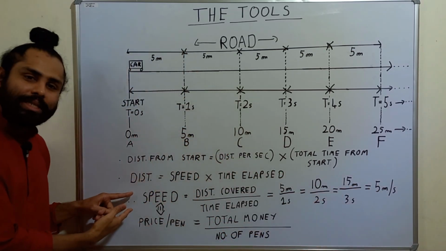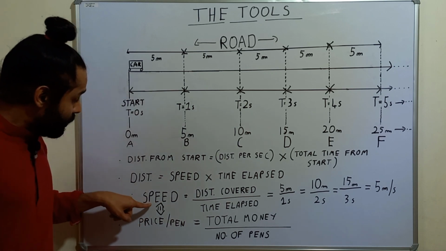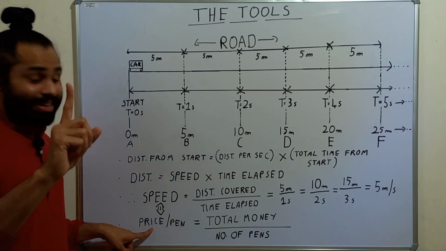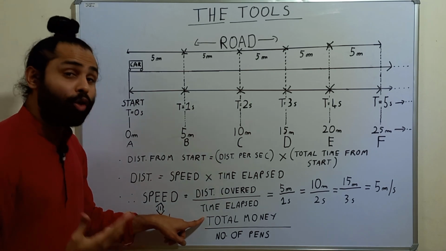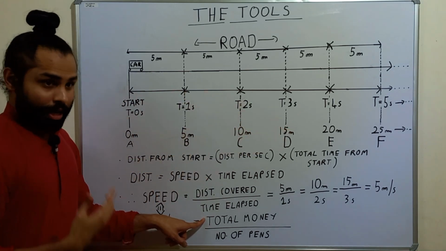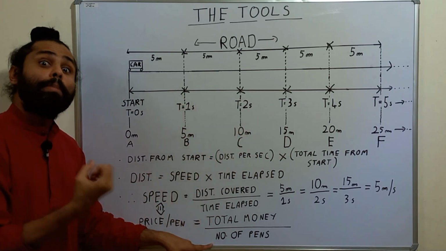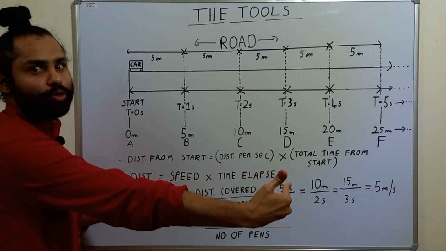Another way of thinking of the same formula is back to our supermarket pen analogy, right? The speed is basically like the price per pen. The price per pen, how do we get in a shop? We find out the total money I paid. If I know the total amount of money that I paid and I divide that amount by the number of pens I bought, then the total amount of money is shared across those number of pens.